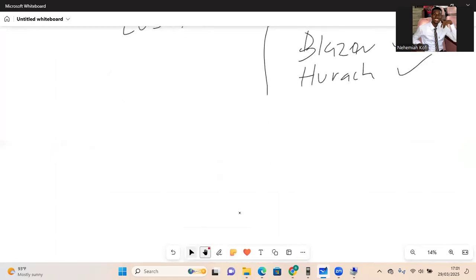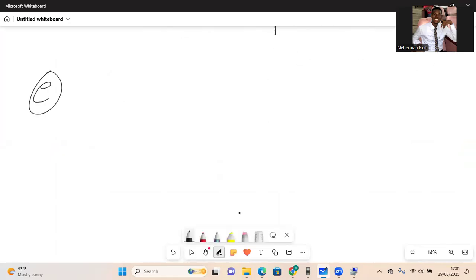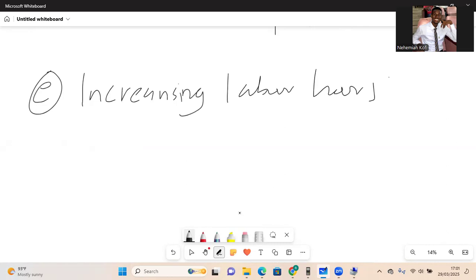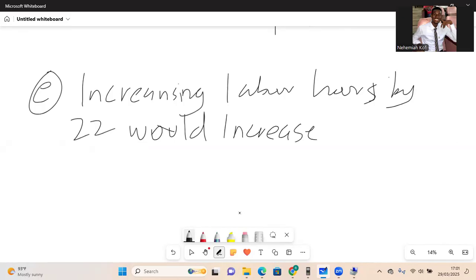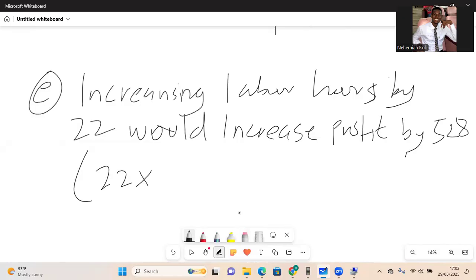So now, in E, we are going to say that increasing labor hours by 22 would increase profit by 528, which is 22 times 24.